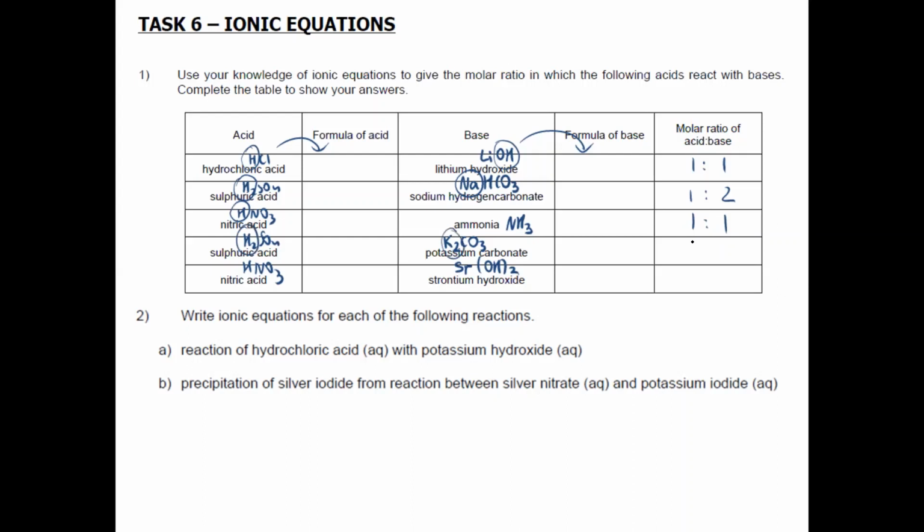So you can see the ratio is 1:1. Nitric acid has one hydrogen. Strontium hydroxide has 2 OHs. So this is a neutralization reaction, so we need the same number of hydrogens and OHs. So we need to have twice as much of my nitric acid as I do of the strontium hydroxide.